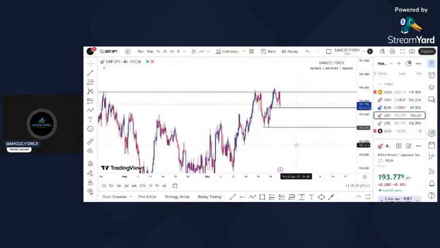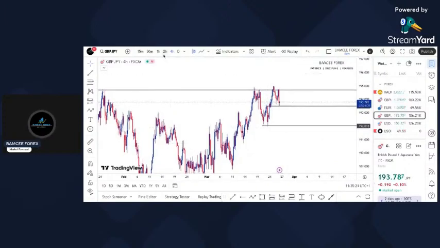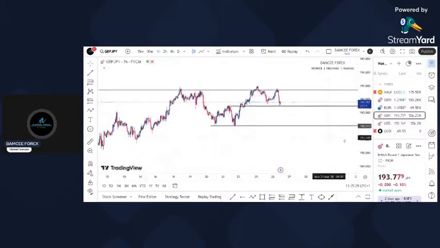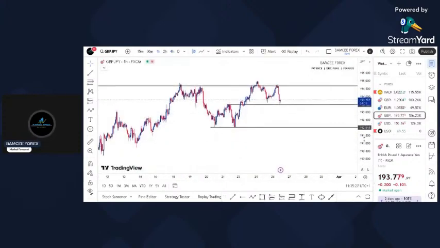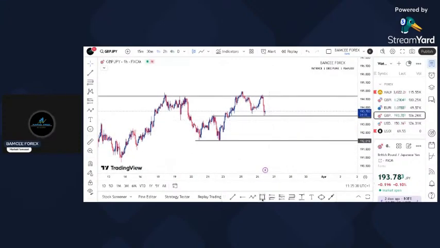On GBP JPY, which is GJ, I'm seeing a good opportunity here, but I need to wait to see what price will do before I can conclude for a buy, because currently the price is resting on my support areas. Before I can conclude that this buy will hold, I need to see market give me a chart pattern around this zone. Then I can buy off to the upside and target there as my area of take profit, or keep risking more.